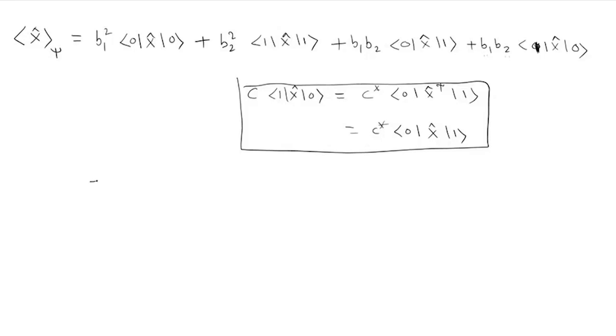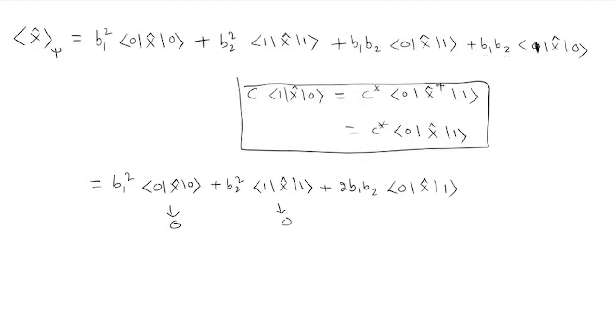I can write this as b1 square ⟨0|x|0⟩ plus b2 square ⟨1|x|1⟩ plus 2 b1 b2. Well, we have seen this goes to 0.